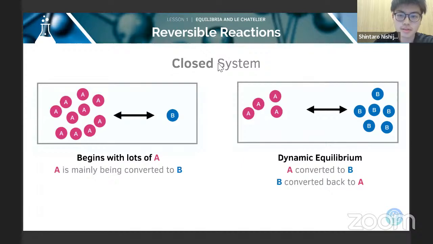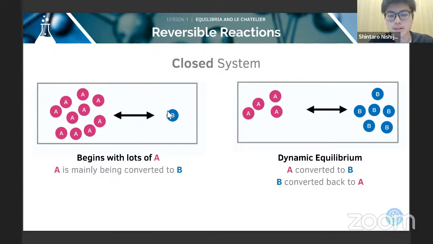So here's an example of how a system could end up in equilibrium. Let's say you started a reaction by preparing a lot of the reactant, A, and it reacts to form maybe one molecule of B. This is still at the early stages where you just have the reactants.